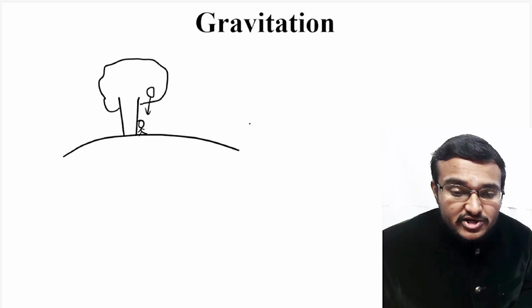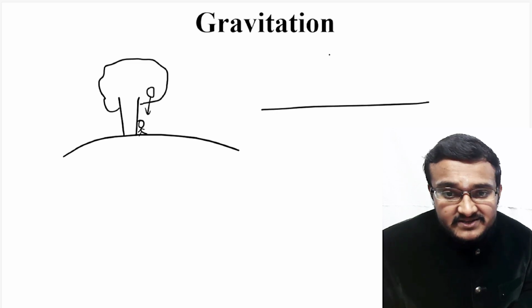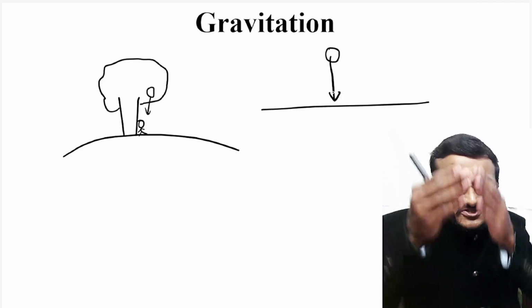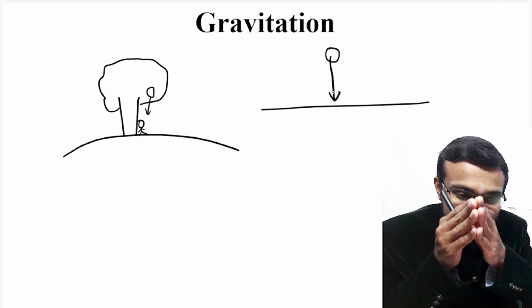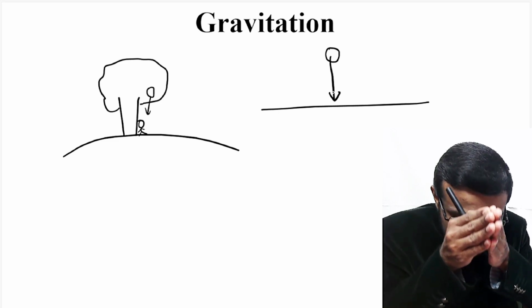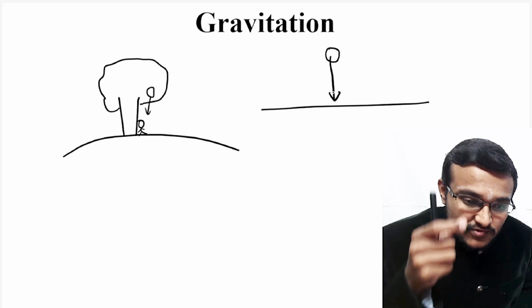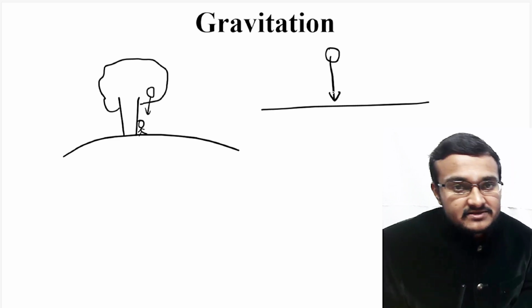One thing Newton noticed was, if this is the earth's surface, this apple fell directly onto the earth in a straight line. That means without any deviation, the apple is moving towards the earth's surface. The force responsible for this apple coming to the earth's surface is given by earth.